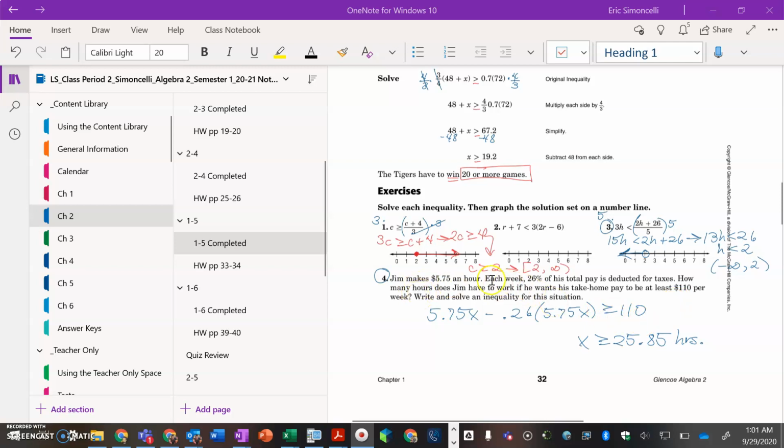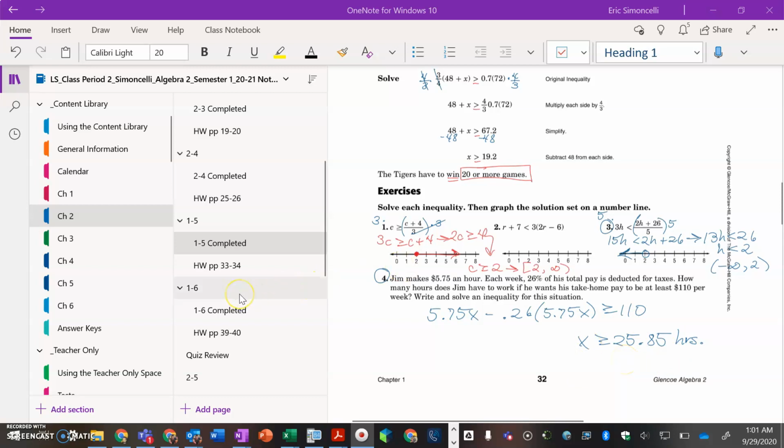If you simplify these two, in other words, if you actually do 5.75 minus 0.26 times 5.75, and then you divide both sides by your coefficient, 110 divided by that quantity should end up being 25.85 hours. And that's a perfectly good final answer for what we're doing here.